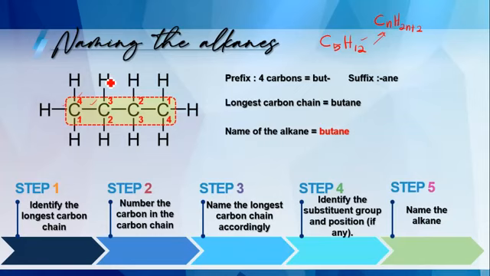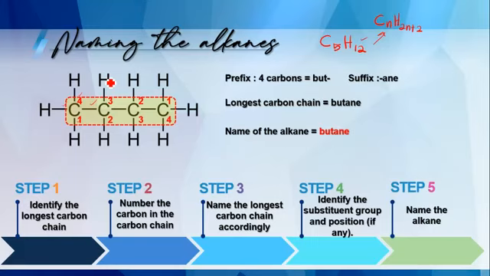Step number 2, number the carbon in the carbon chain. So just practice the 2 ways of numbering: from the left to the right and right to the left. Step number 3, name the longest carbon chain accordingly. It should consist of a prefix indicating the number of carbons and a suffix indicating the homologous series.